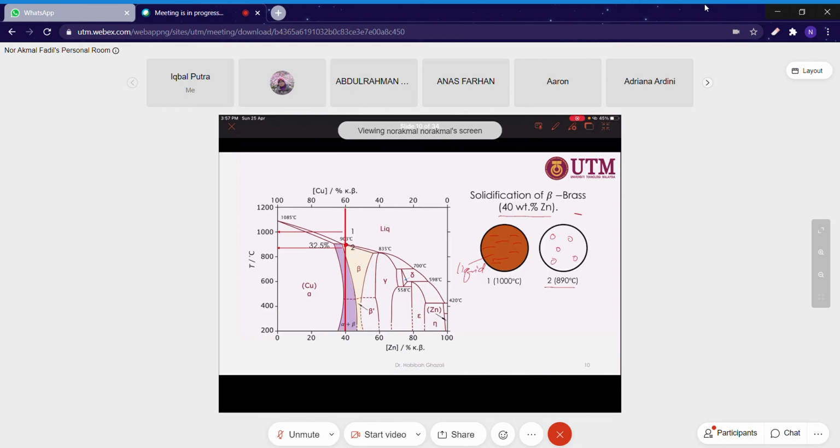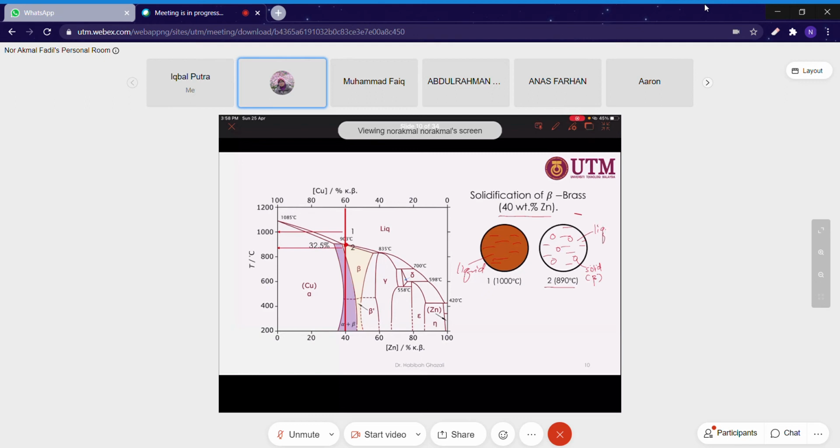The mixture of what? Beta. Which one is beta? The small circle. This is solid, and that is beta, and the mixture between beta and the liquid.